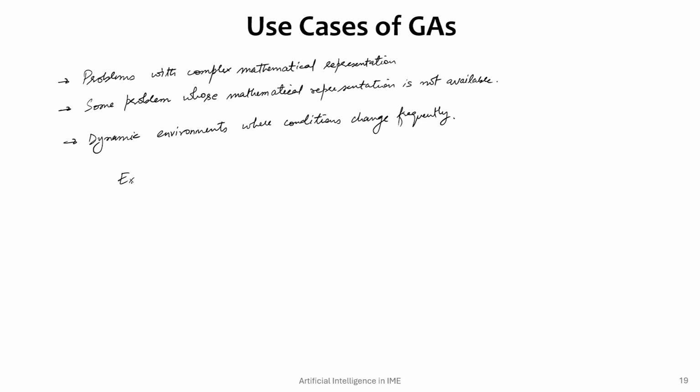And examples could be scheduling problems, right, image reconstruction, or hyperparameter tuning. So we have briefly talked during our machine learning basics lectures about images, how to handle image data, and what hyperparameter tuning is, right. So we can utilize genetic algorithms in those spaces as well.